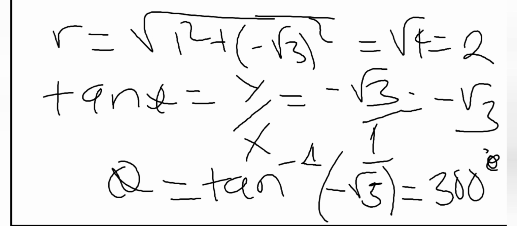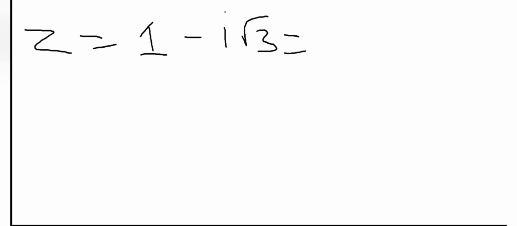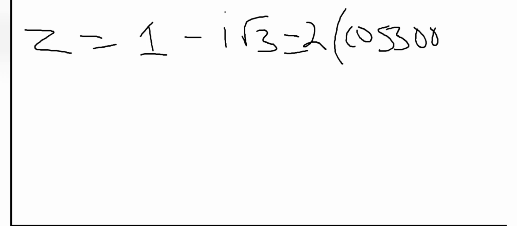Yeah, it is. So once we have found the angle and r, now it is possible for us to convert z into polar form. So the z, which was initially 1 minus root 3 i, this is now equal to 2 open bracket cos 300, now the angle, plus i sine, sorry, let me write properly so that you see, we have sine 300.